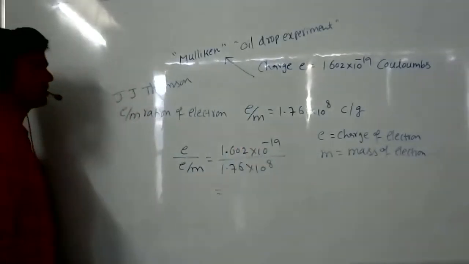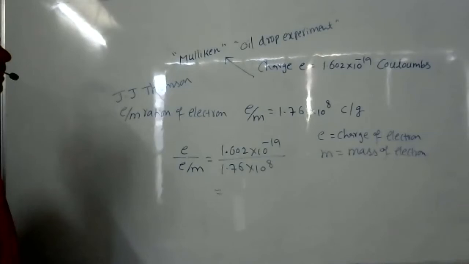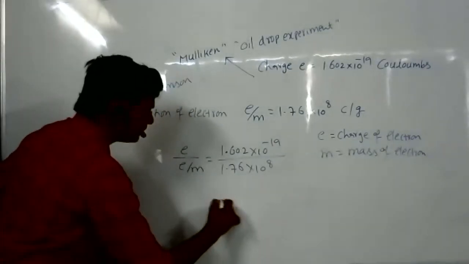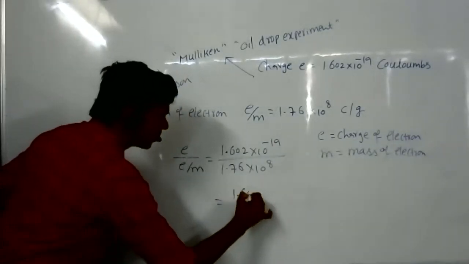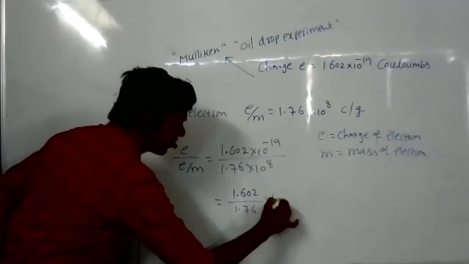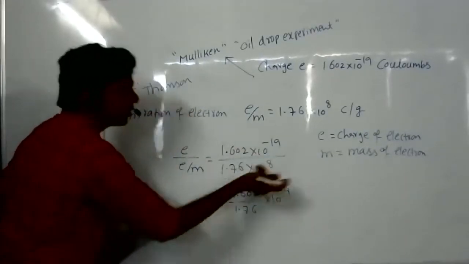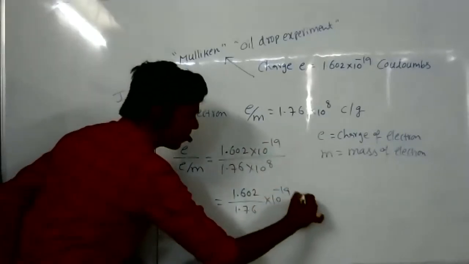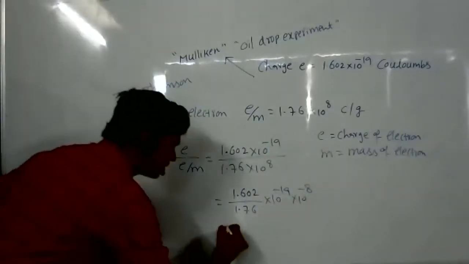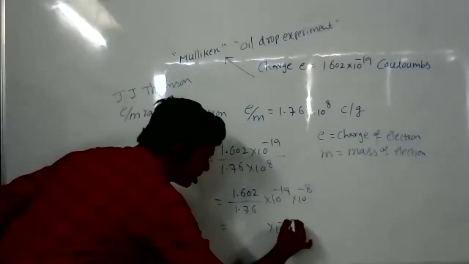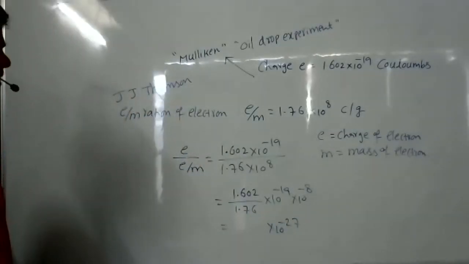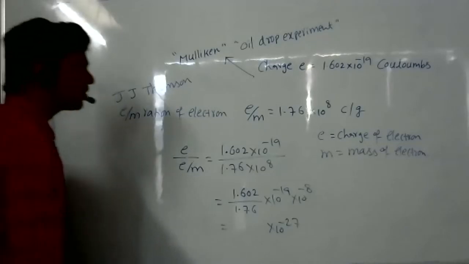Moving the 10 power 8 up, it becomes 10 power minus 8. So 10 power minus 19 and minus 8 gives 10 power minus 27. Here 1.602 divided by 1.76 gives 0.91.